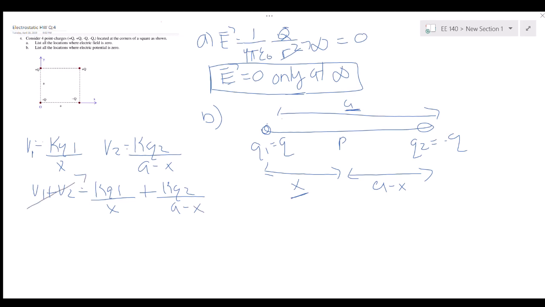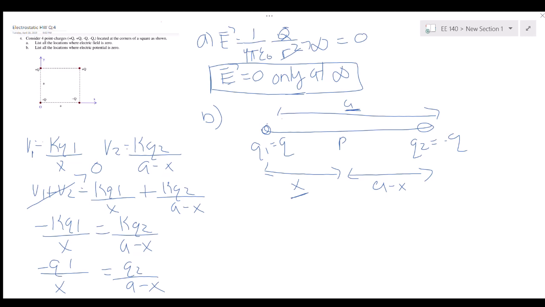We want the potential to be 0, so we write 0 there. We then just subtract KQ1 over x to the other side. Since K is a constant, just take that out. So then we get negative Q1 over x equal to Q2 over A minus x.